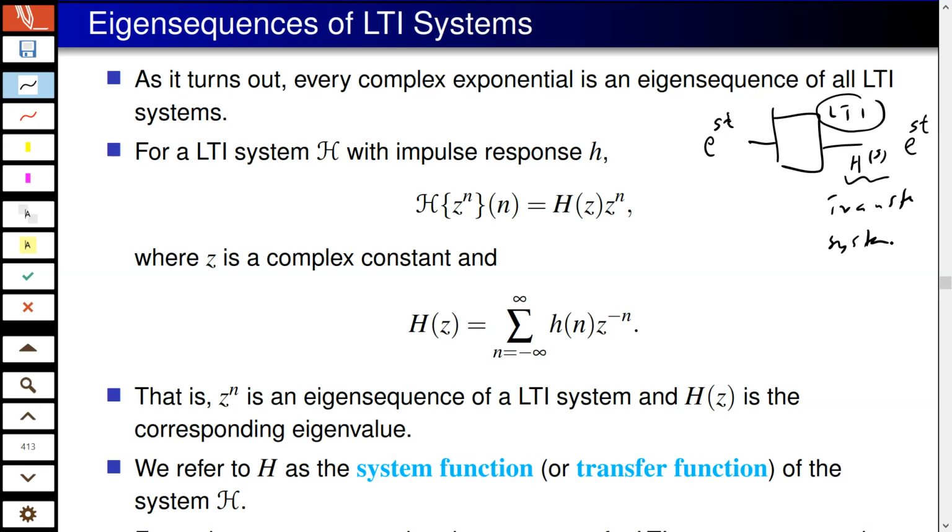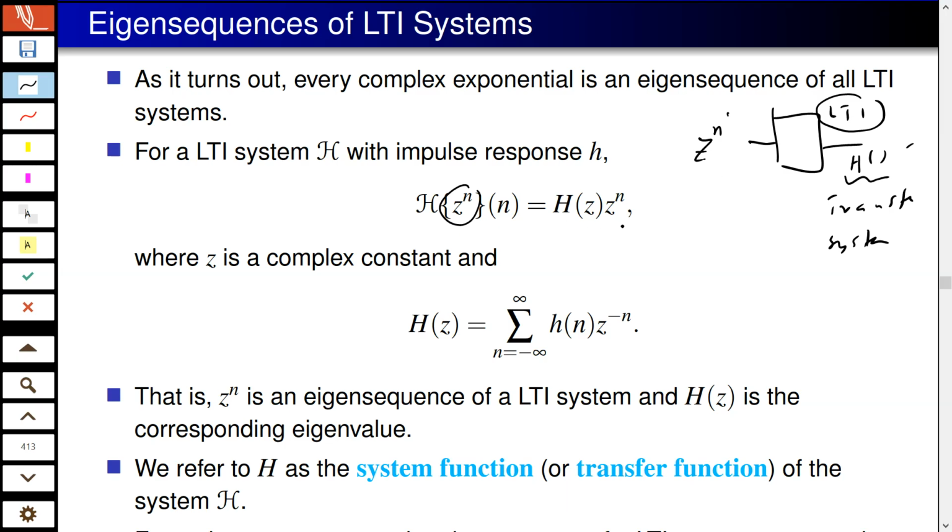A similar thing happens with discrete time systems. If you have an LTI discrete time system, that is why we were calling it the eigenfunction. That exponential was the eigenfunction. For a discrete time system, this function is z to the n. Now z here is a complex variable, and n is the discrete time.